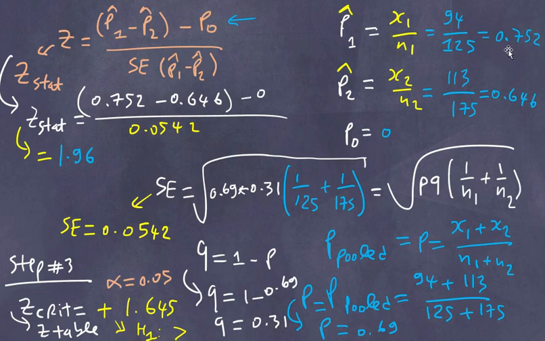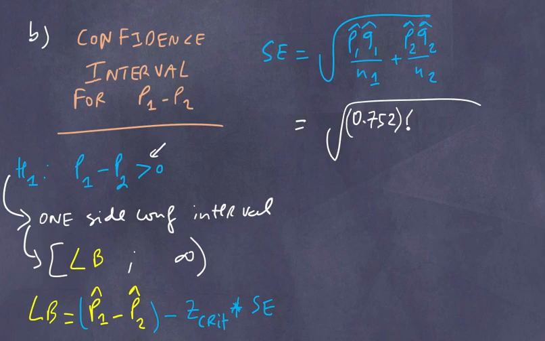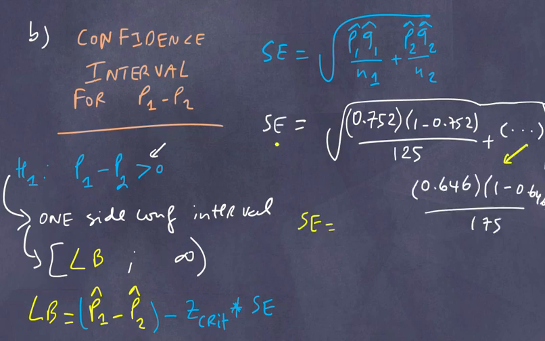P1 hat is 0.752, P2 hat is 0.646, 1 minus 0.752 over 125 plus the second term. Okay, this is 0.053.